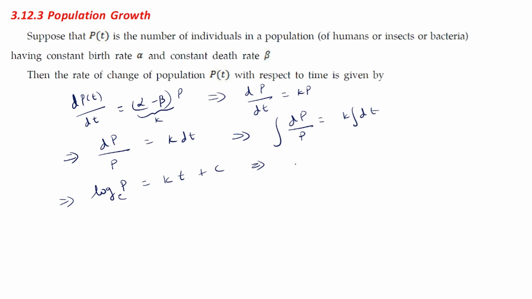So from this we get P = e^(Kt + C), or P = e^(Kt) e^C. This e^C we can have as some lambda. So P = lambda e^(Kt). So this is the population growth model.